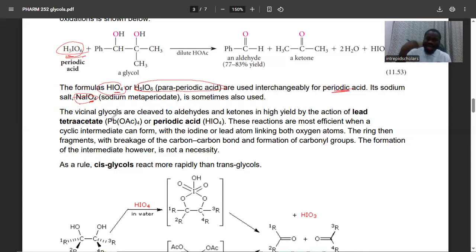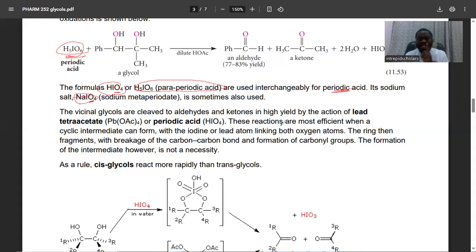So they have introduced another reagent that can undergo the same reaction apart from the periodic acid. Now look at the English here. This is also art. This is not science.